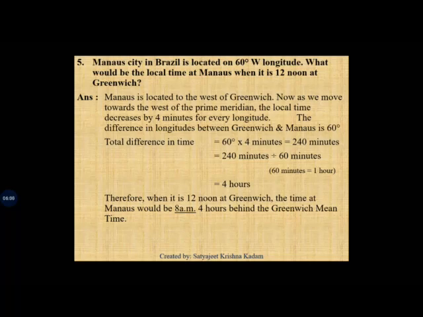Total difference in time: 60° multiplied by 4 minutes is equal to 240 minutes. Now, 240 minutes divided by 60 minutes, in the bracket 60 minutes is equal to 1 hour, which gives 4 hours. Therefore, when it is 12 noon at Greenwich, the time at Manaus would be 8 a.m., 4 hours behind the Greenwich Mean Time.